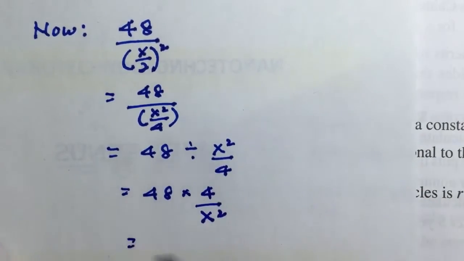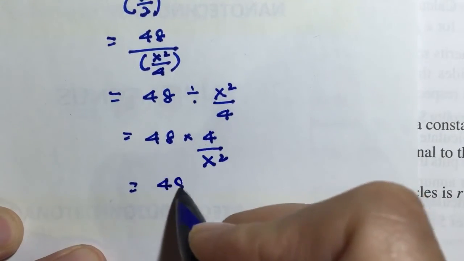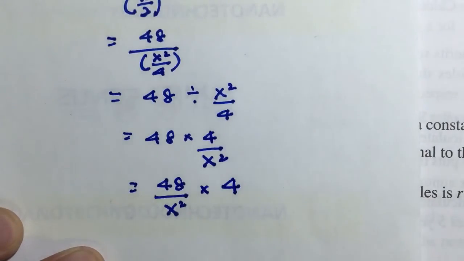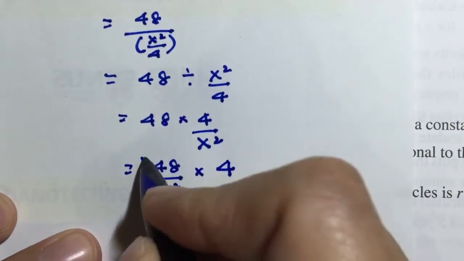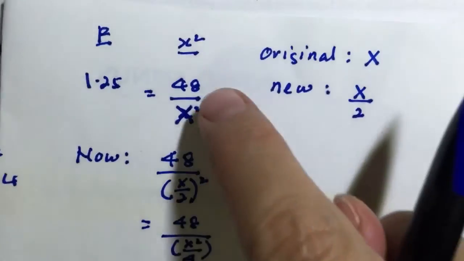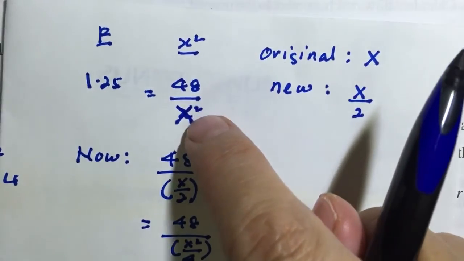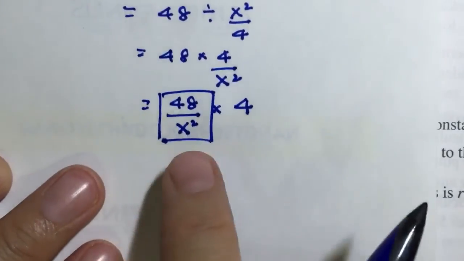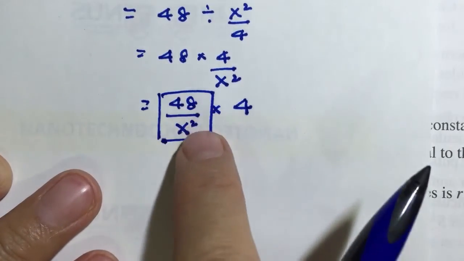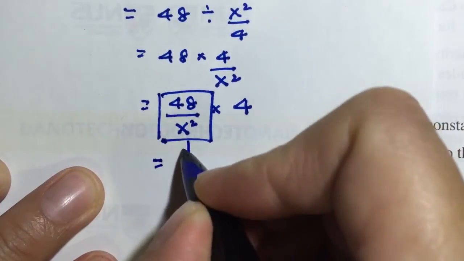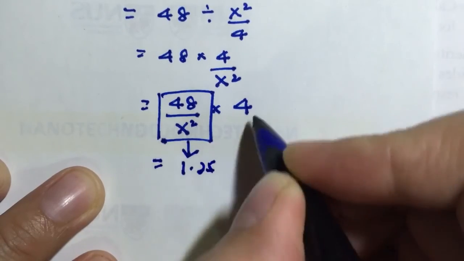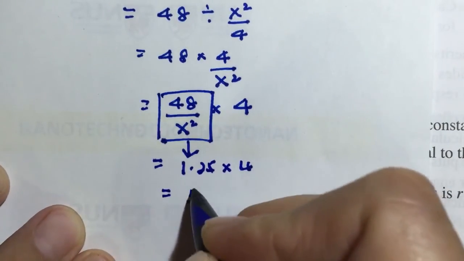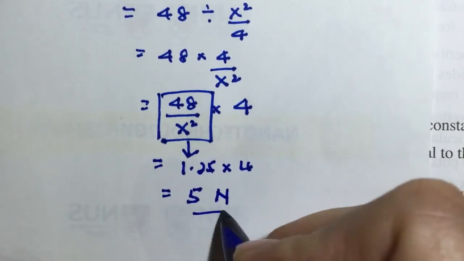We can rewrite it this way: 48 over big X squared times 4. Why do we write it this way? Earlier on we found out that 48 over big X squared has the value 1.25. So this is exactly the same, isn't it? 48 over big X squared. We know that this is 1.25. Since we have a times 4 here, this is going to be the force.